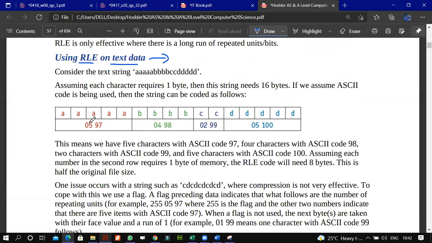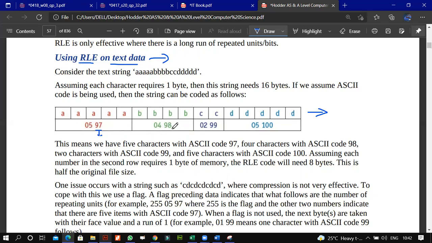So for example, ये आपका कोई information है. In case of text, I can just write this as 5 times 97. Why 97? Because 97 is the ASCII code for A. So I can write 597 instead of this.